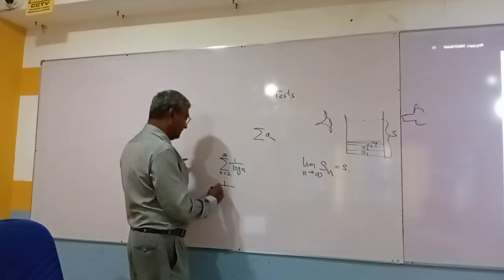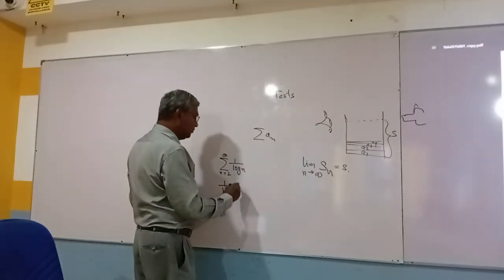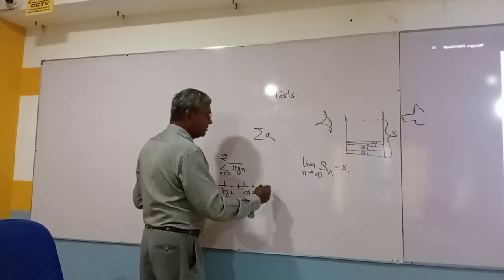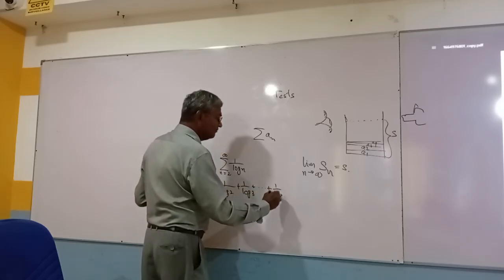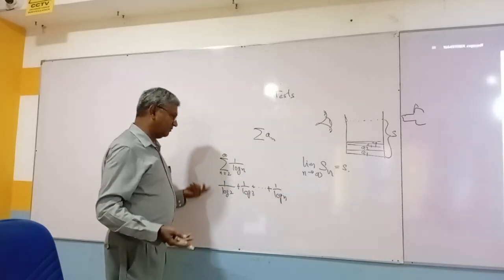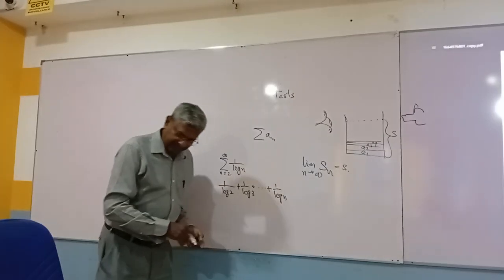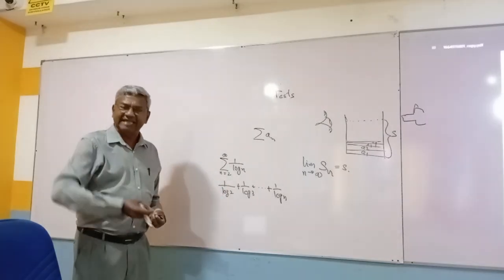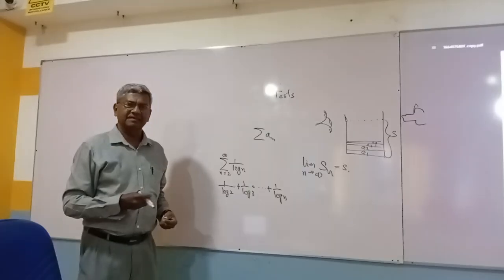There is no formula for log 2 plus log 3 plus and so on plus log n. This cannot be simplified. Regardless of the fact that it cannot be simplified, we want to know whether it gets close to a limit.